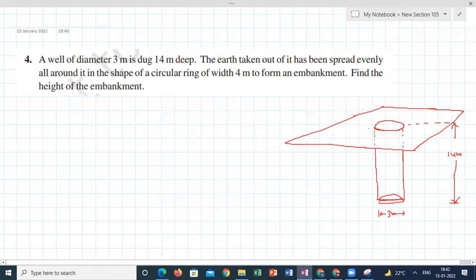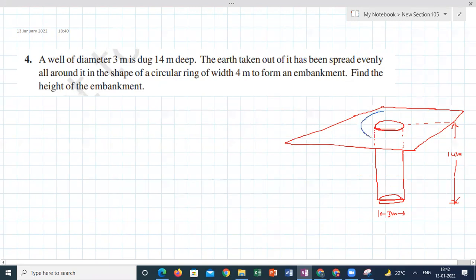Now you will get earth, that mud and everything. So what did they do? He did not make it a waste. He made an embankment. The meaning of embankment is that he constructed a cylindrical structure around the well like this.